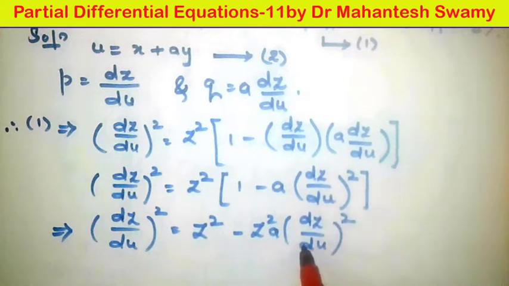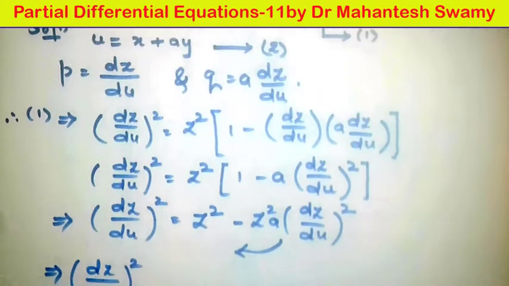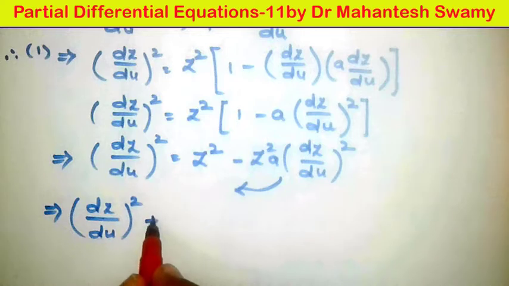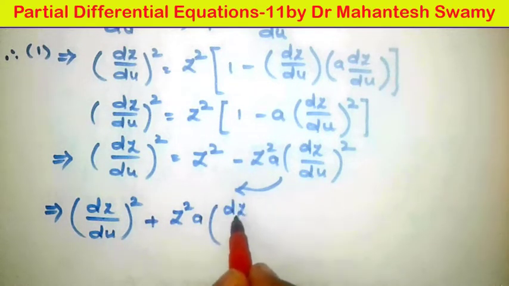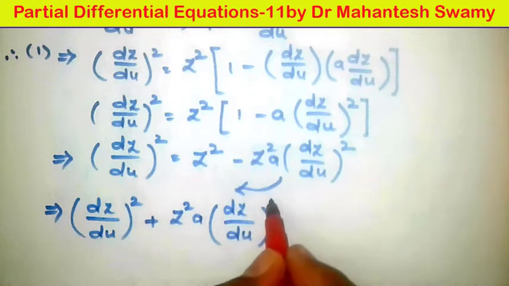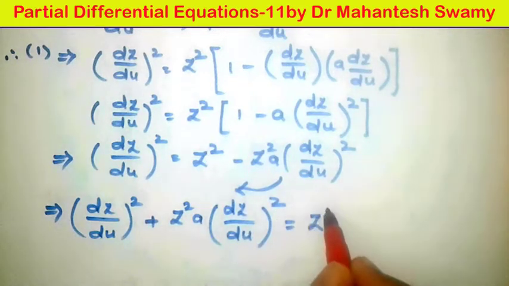In the next step let us take this quantity to the left hand side, so it becomes plus. On LHS we get dz by du whole squared plus z squared into a into dz by du whole squared, and on RHS it is simply z squared.